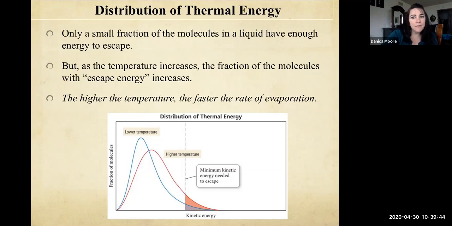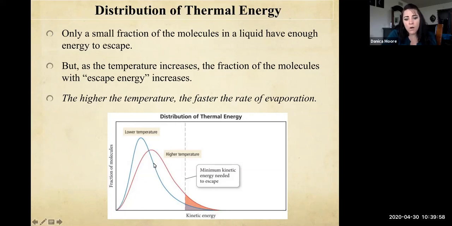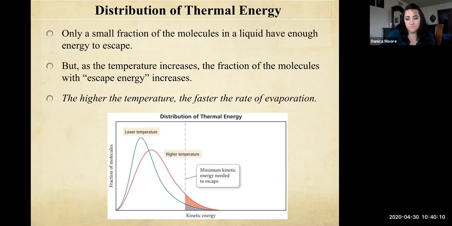But not every molecule has the same kinetic energy. Does that make sense? Yeah. Cool. So if we have a lower temperature, it means that more of our molecules are going to be at a lower kinetic energy, right? But there's always going to be some that have enough kinetic energy to escape the surface of a liquid, right? So even at low temperatures, you still get vaporization occurring. Does that make sense?